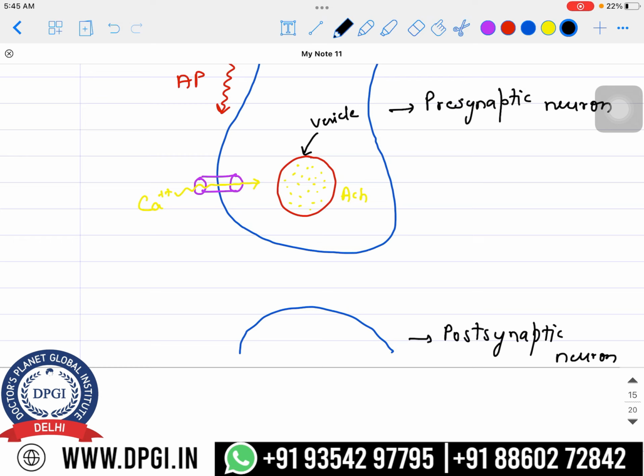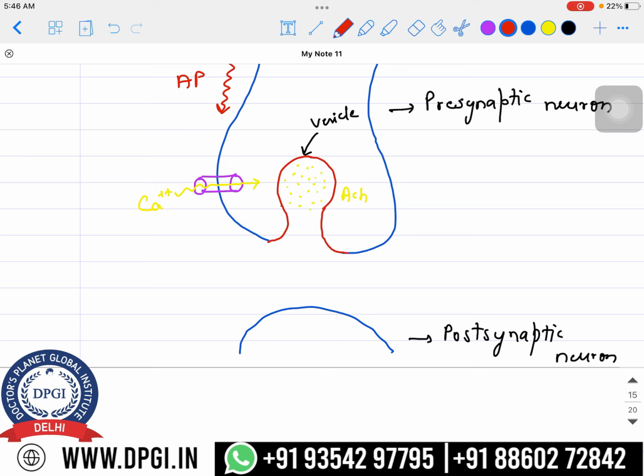So what this calcium will do is bring this vesicle close to the presynaptic neuron membrane. Eventually there will be fusion of this vesicle with the presynaptic membrane, something like that, isn't it?